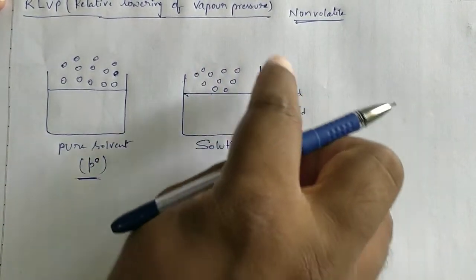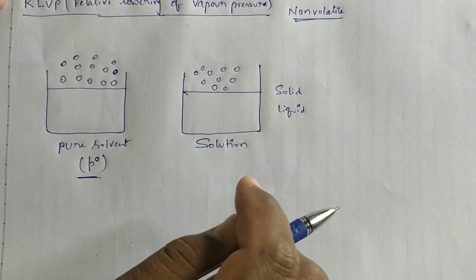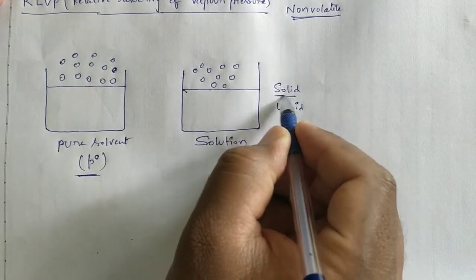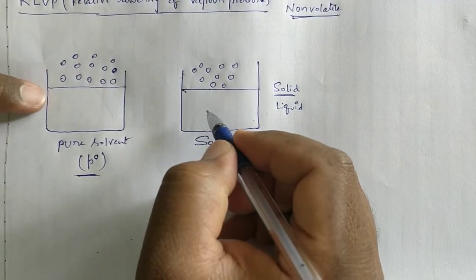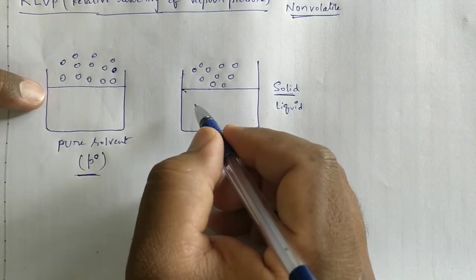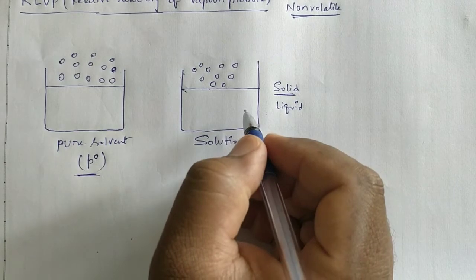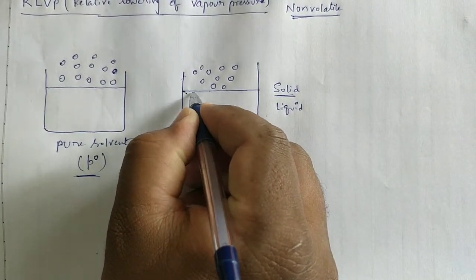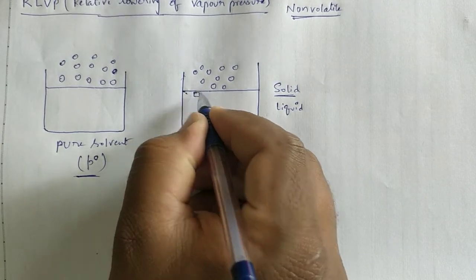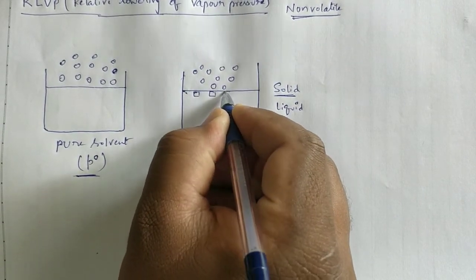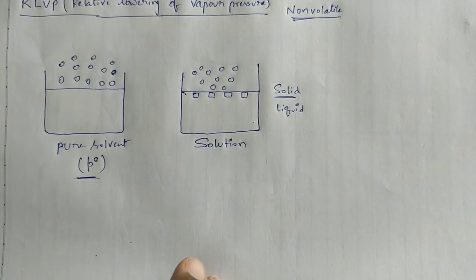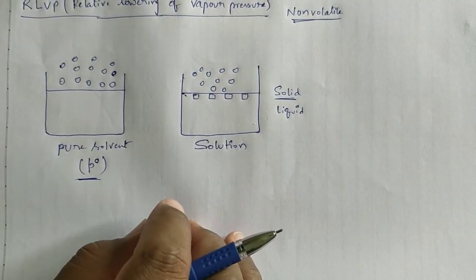Now I am coming to the solution, in which I dissolved some amount of solid into this solvent to form a solution. When we dissolve some amount of solid into the solvent, definitely some solid particles are present on the surface also, because it is a homogeneous solution.